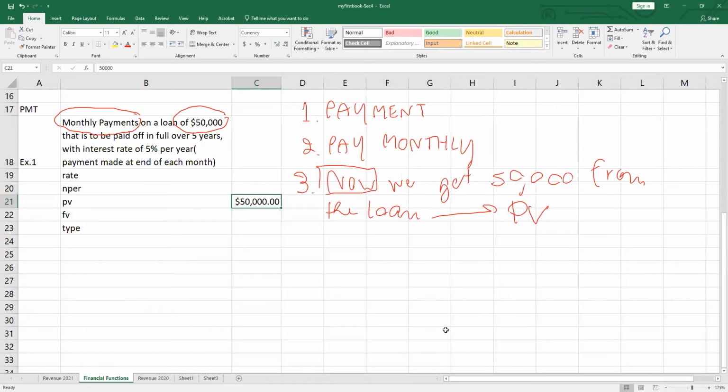Next, this is to be paid off in full. This is another keyword that you have to know. When it is paid off in full, it means that at the end of the contract you have no more debts left, because if you don't pay it in full, it means that at the end of the contract you still have to pay something more.